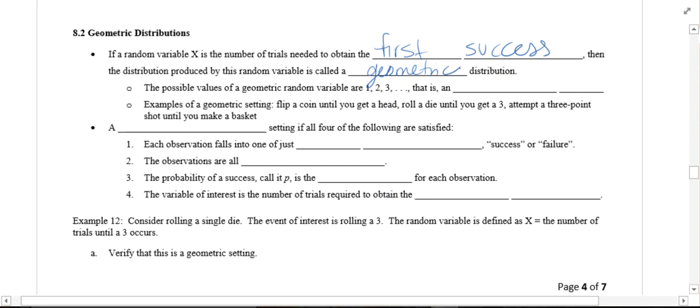Okay, so here are the possible values, the possible outcomes for a geometric random variable are 1, 2, 3, and so on. It's an infinite set. Okay, it goes on forever. And notice that it does not include 0. In our binomial distributions, one of the values was always 0. But here, this geometric does not include 0.